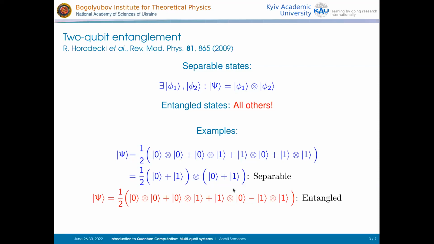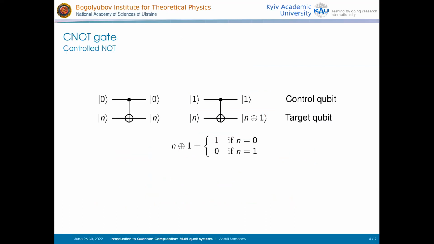Entanglement is a kind of quantum correlation, but what I would now like to demonstrate is how to get some entangled states. For this, we will study the evolution of multi-qubit states, or evolution for logical gates.